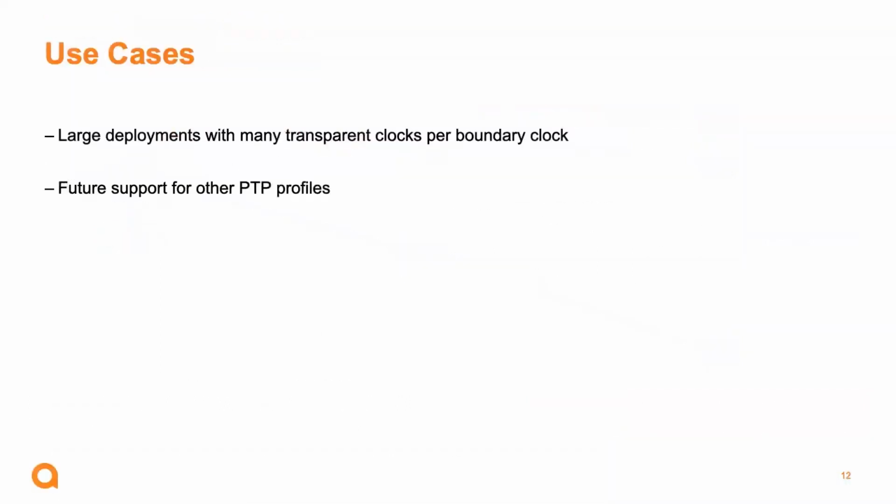Now, based on the examples that I was showing here, you might think that the most important use case is very large deployments where we have many transparent clocks per boundary clock, and of course, an extremely large number of ordinary clocks. And you may never reach that point in many PTP deployments, so end-to-end delay might work very well for most cases.